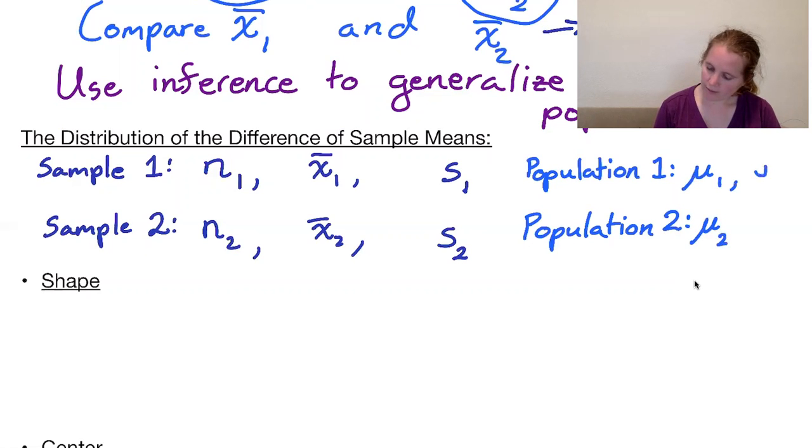And then we will have a population standard deviation sigma 1 and a population standard deviation sigma 2. So these are all of the symbols that we are going to be considering. Again, we are looking at the difference in sample means. So we are studying x1 bar minus x2 bar.